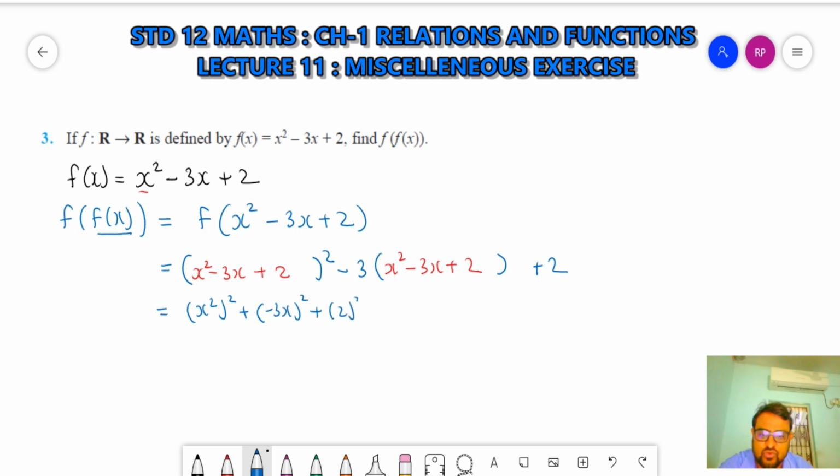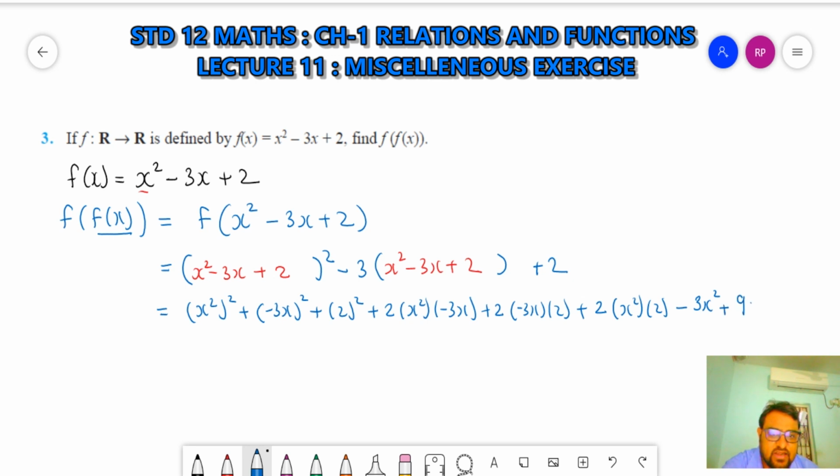C, what is c? 2, square, plus 2ab, 2 into x square into minus 3x, plus 2bc, 2 into minus 3x into 2, plus 2ac, 2 into x square into 2, minus 3 into x square, 3x square, minus 3 into 3, minus minus plus 9x plus, minus, sorry, minus 3 into plus 2, minus 6 plus 2.